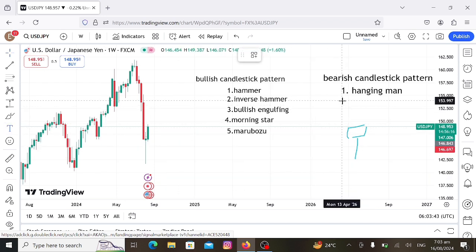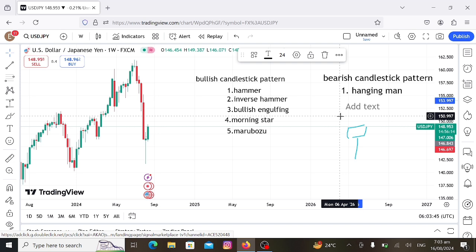The next one we're going to look at, number two, is called the shooting star. So this is how the shooting star looks like.